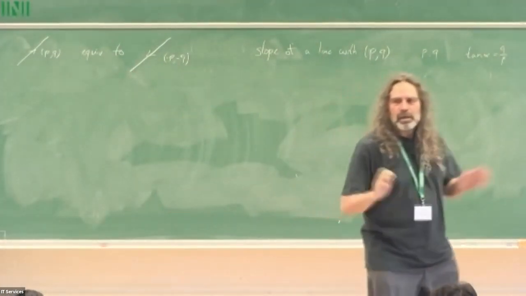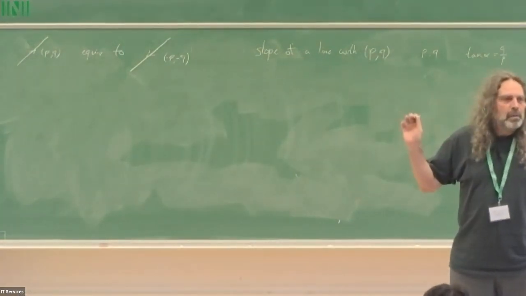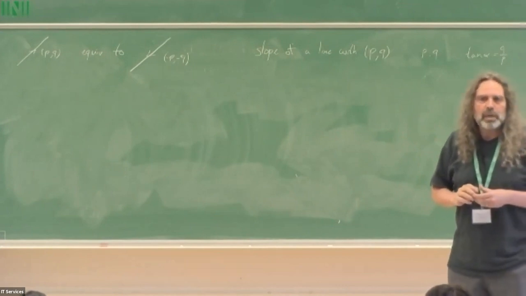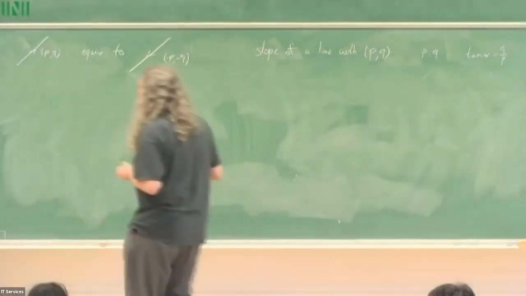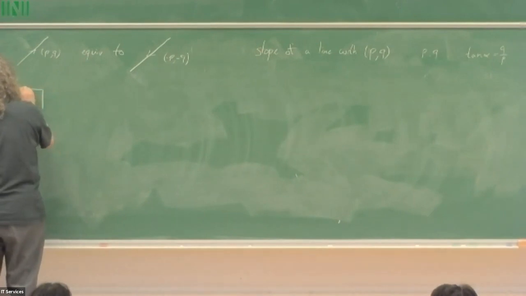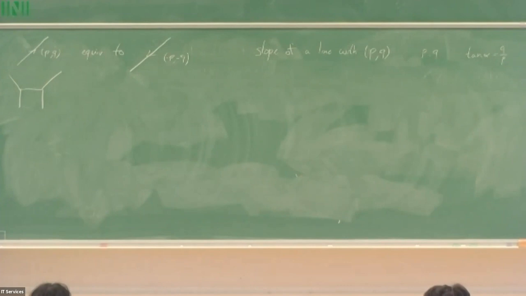Okay, so that's the simplest definition of a tropical curve. And given this, we can now construct infinitely many such curves. So here's one curve like that.